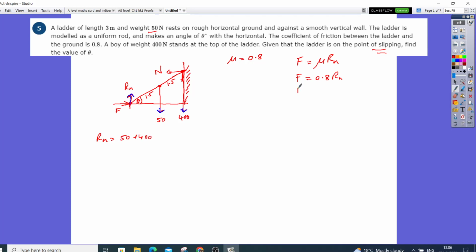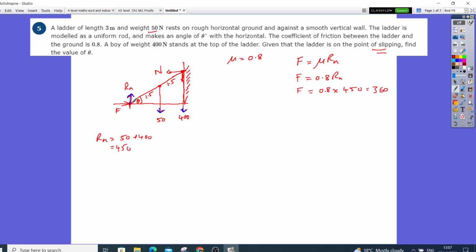So friction is going to be 0.8 times 450, because Rn is 450. Okay, we just got to break this down. So 0.8 times 450, we get 360. So that's what friction is, 360 newtons.